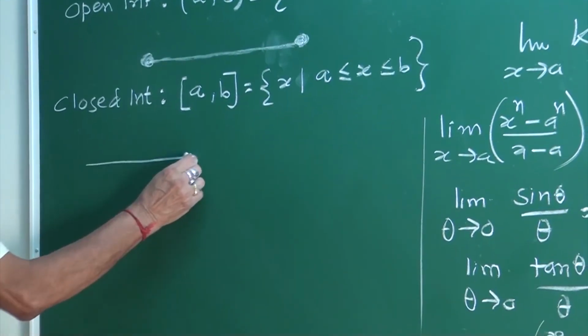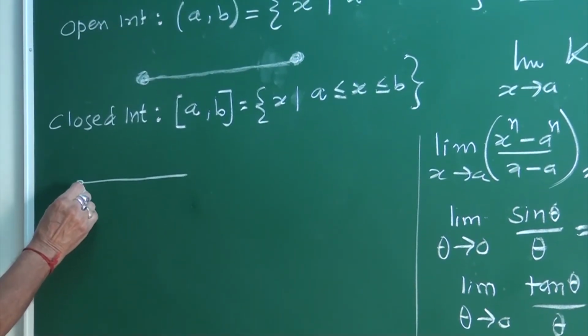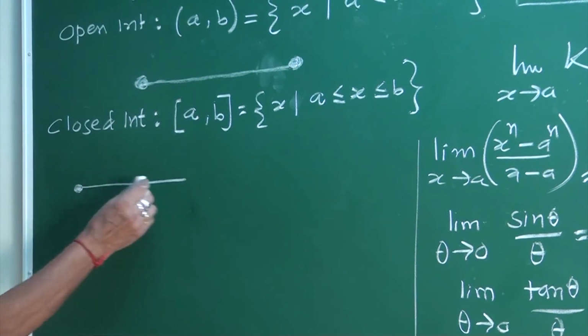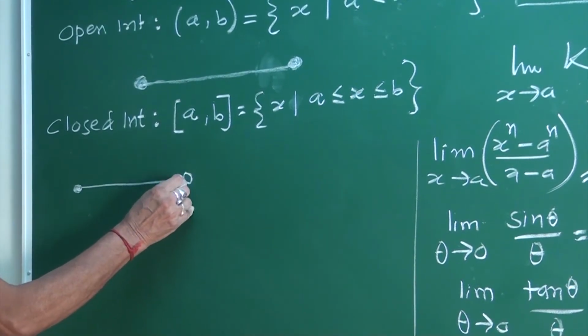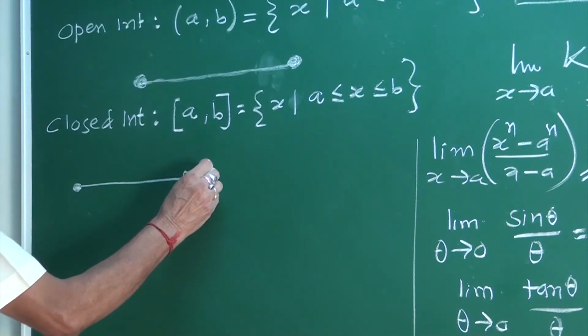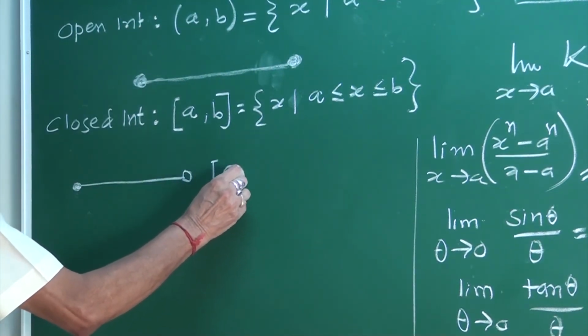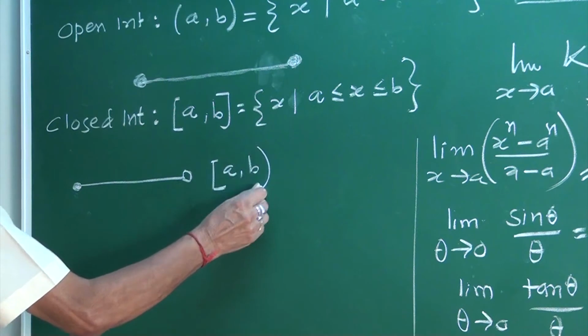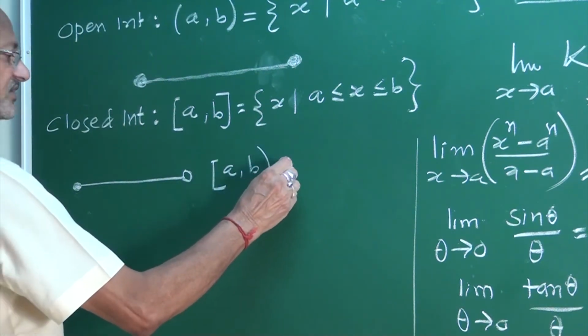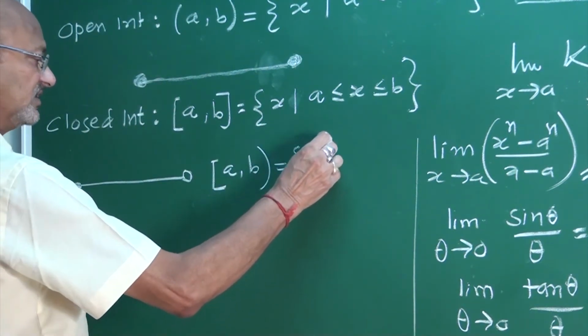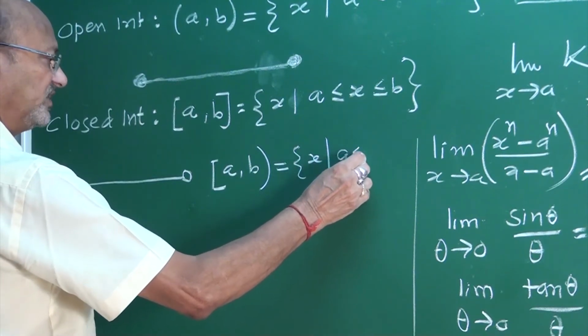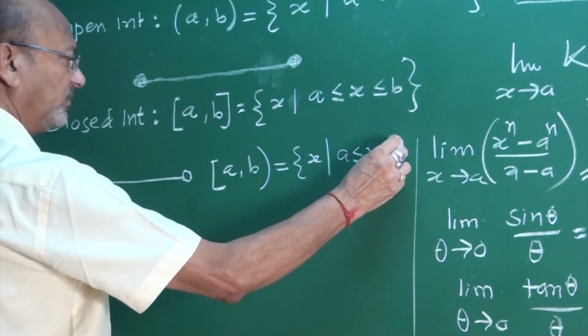What is another one? Semi-closed, semi-open. In this case, it is closed. It takes this end but not this end. It is called semi-closed, or semi-open in this case. It is a set containing x such that closed means equality, open means less than.